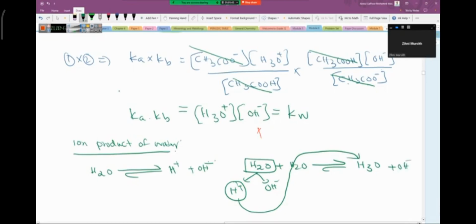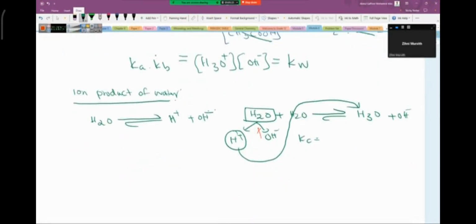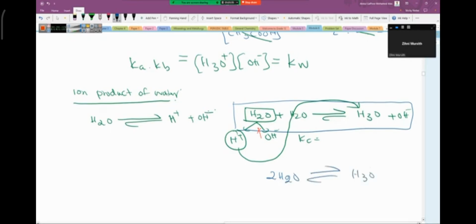We are doing the same process again and again. So this chemical equation can be written as 2H2O becomes H3O plus and OH minus, because we can add the same species.